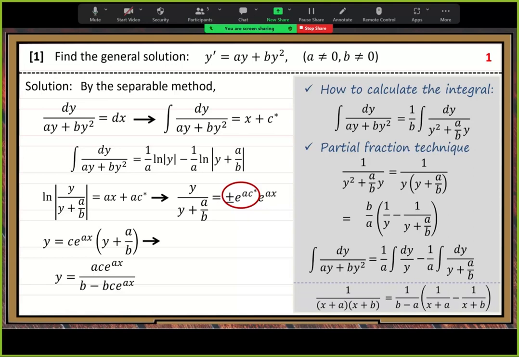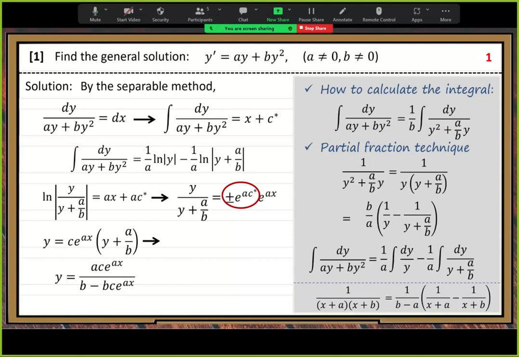But when you do division of the numerator, C could be any constant, right? C could be any constant. But if C equals 0, can you do division? You cannot do division. If C is 0, how can you do division?